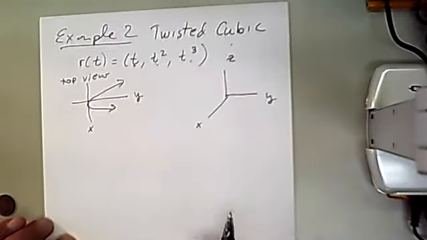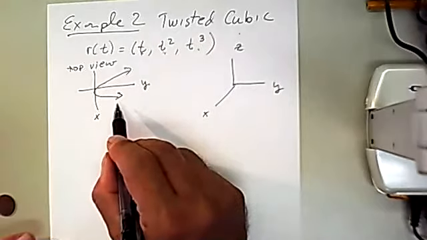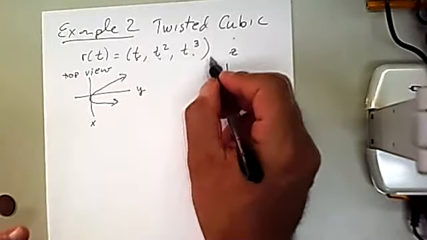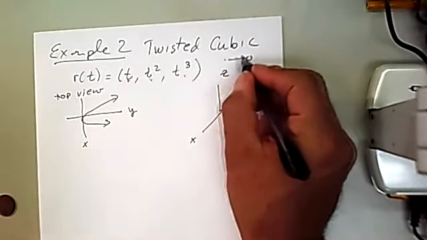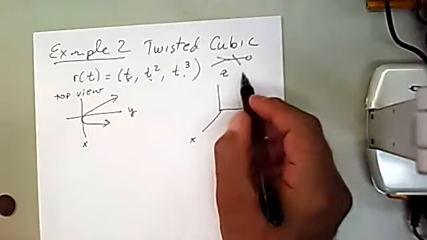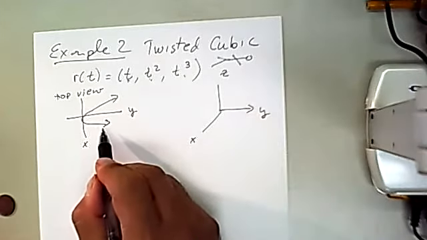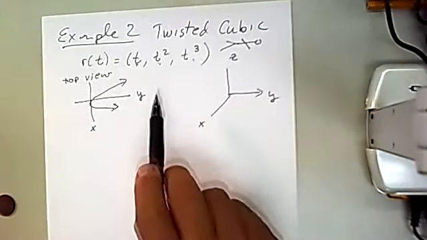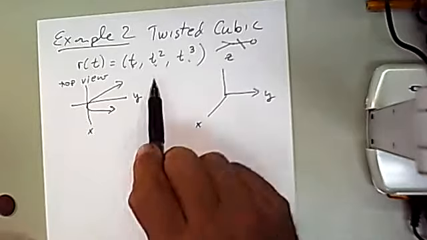So that's why this looks unconventional, because I'm looking at it as if I was, oh man, this is gonna be hard to draw, but if I was a person here looking down at the space, that's what I would see. I haven't drawn the curve here yet, but it is a good idea to know what happens when you see the curve from 2 dimensions.